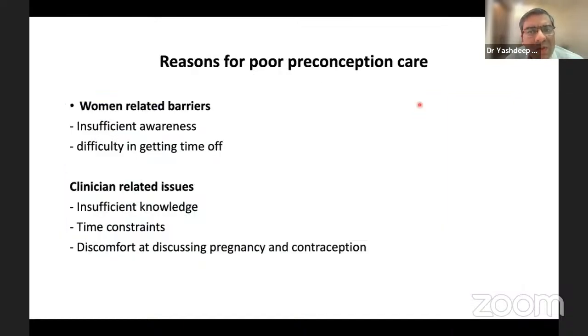So what could be the reasons for poor preconception care? There could be two main domains. One, patient-related barriers. They are not aware that they have to seek preconception care. This means that at the right stage, we have not provided them enough education to have that knowledge of preconception care. Or they are too busy in their schedule and are not able to take time for periodic visits to the doctors.